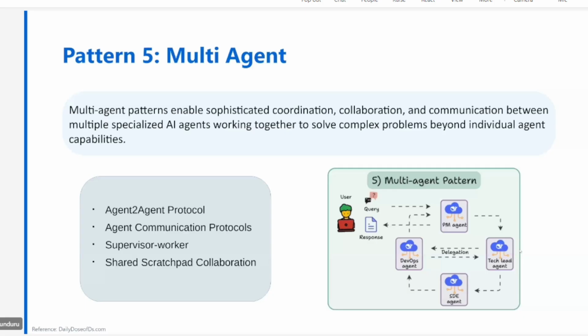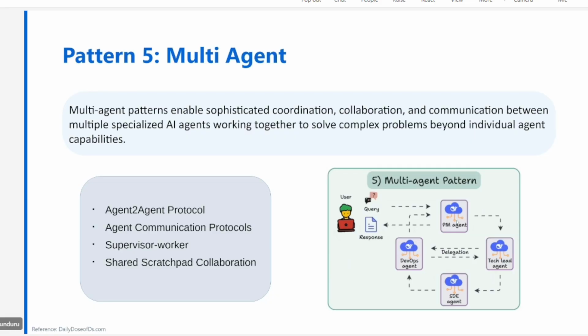So sometimes what we can implement is, the tech lead agent has to do some kind of work, but he needs some guidance. He cannot make his own decisions, or he cannot evaluate.